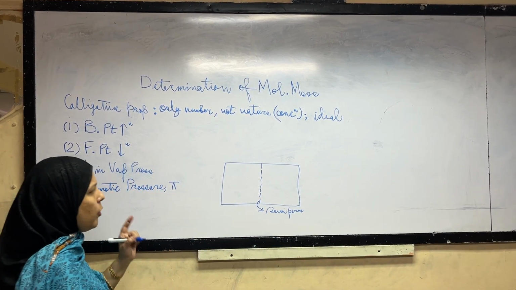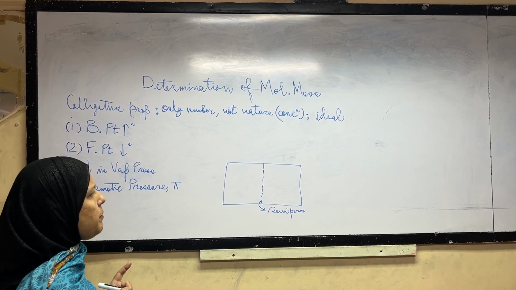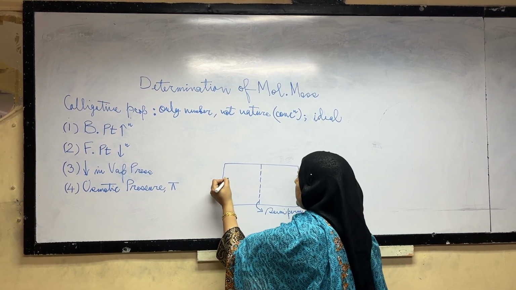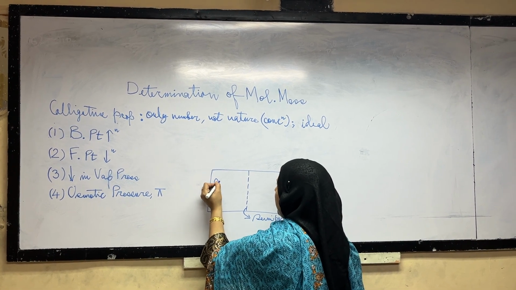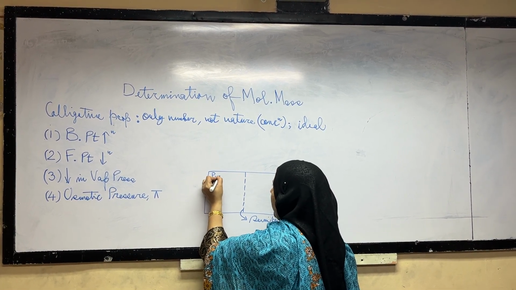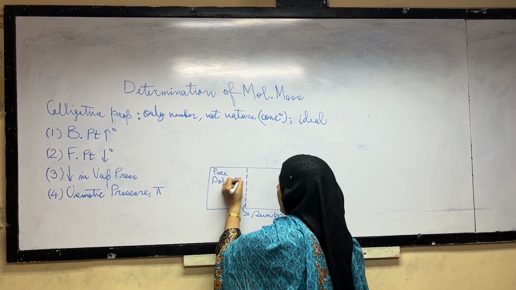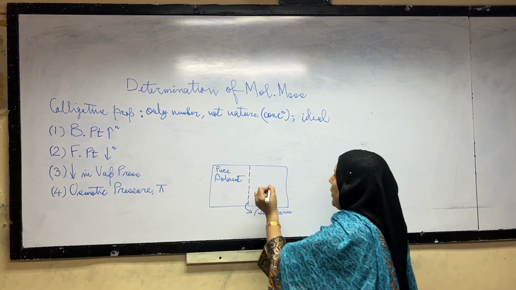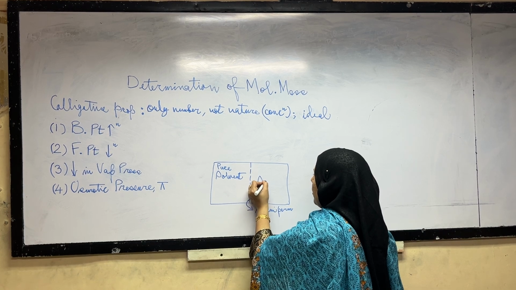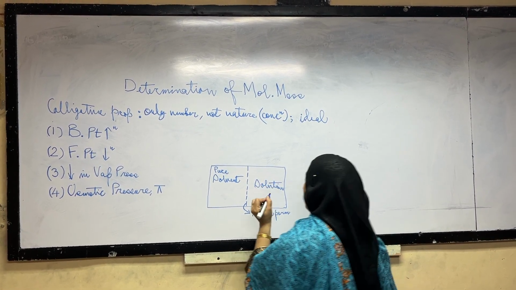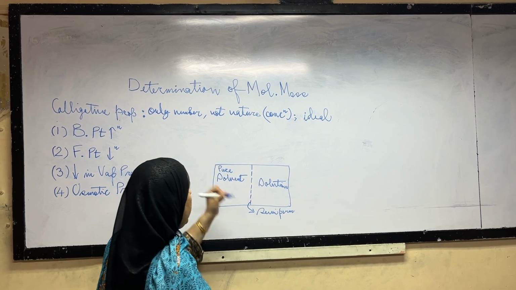Semi-permeable means it will only allow the solvent molecules to pass through it and not the solute molecules. So on one side of the membrane we have pure solvent, and on the other side of the membrane we have the solution. The solution of whichever molecule you want to measure in the pure solvent.